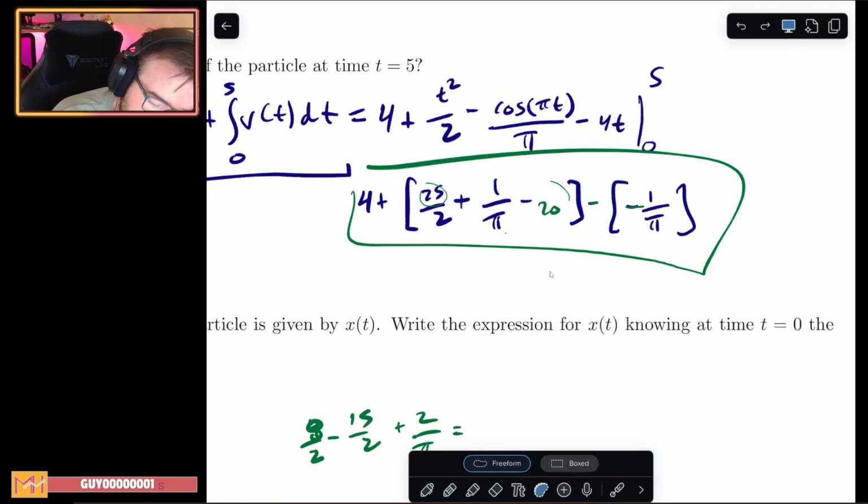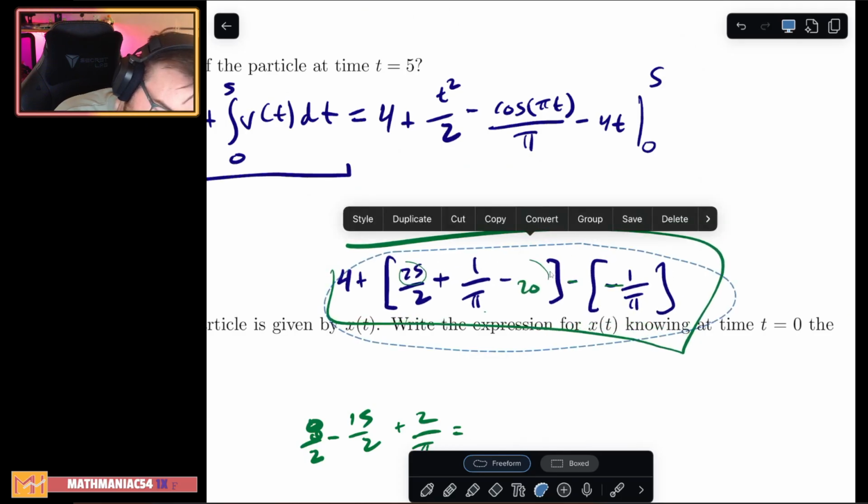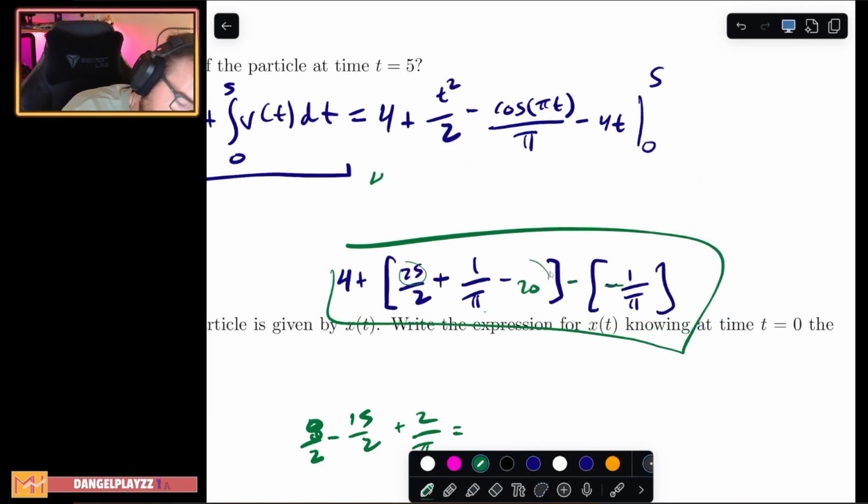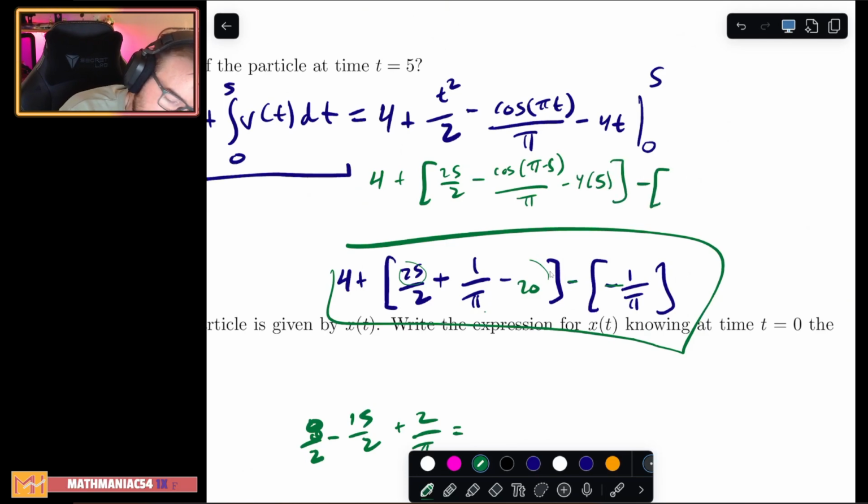What is an acceptable answer is not even this. What could we have done? We could have said 4 plus 25 halves minus cosine of pi times 5 over pi minus 4 times 5 minus 0 squared over 2 minus cosine of pi times 0 over pi minus 4 times 0, and stopped there.